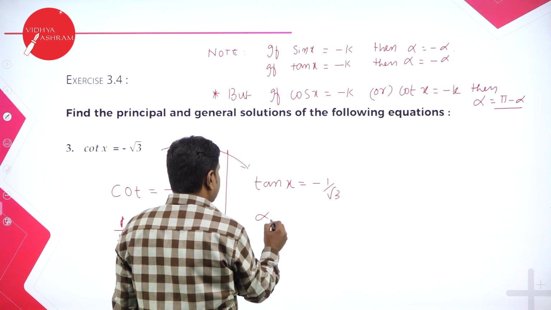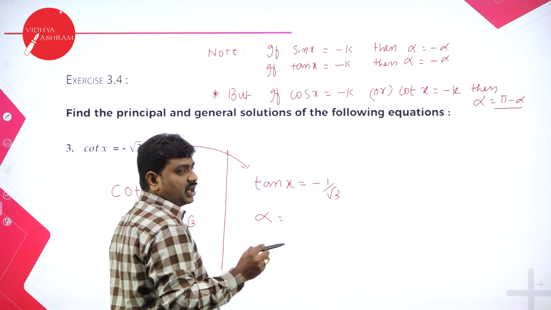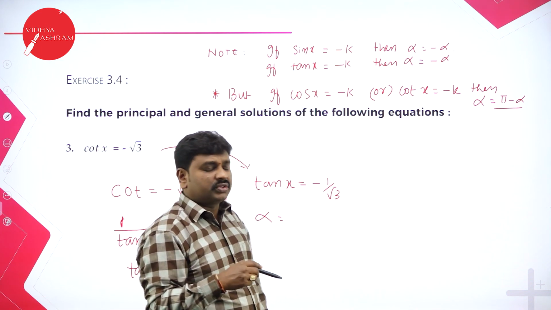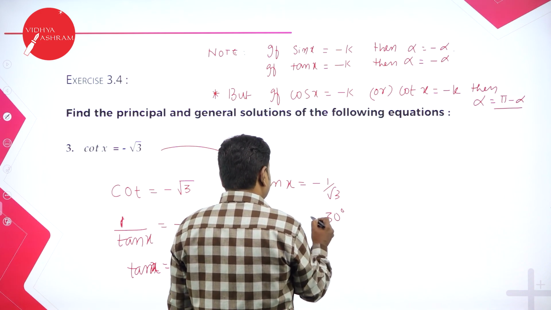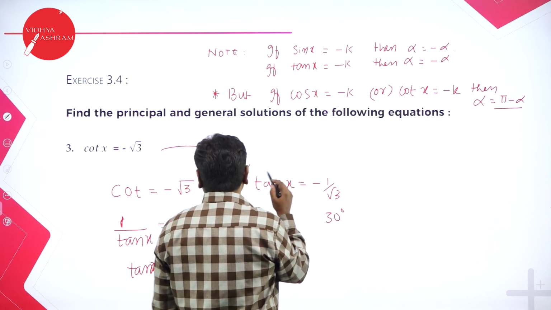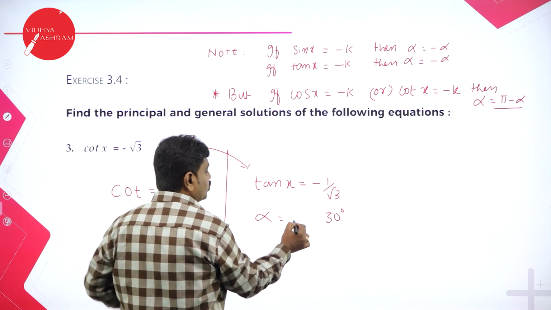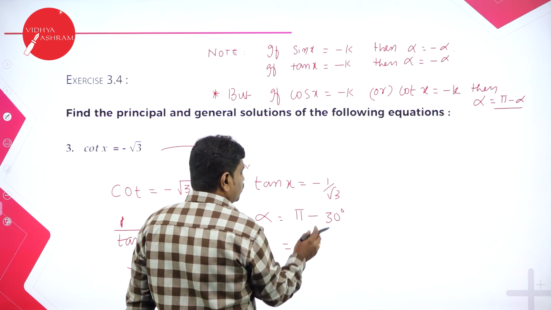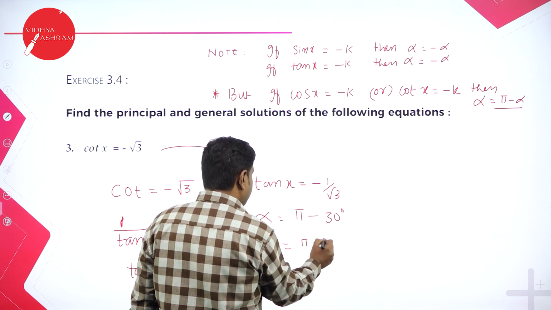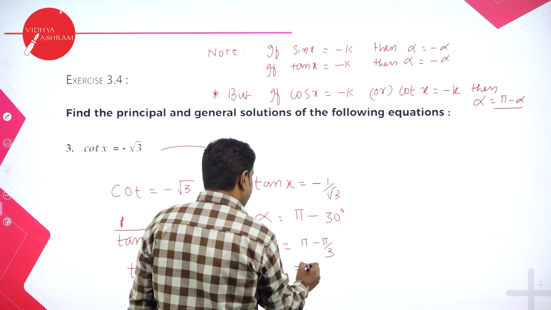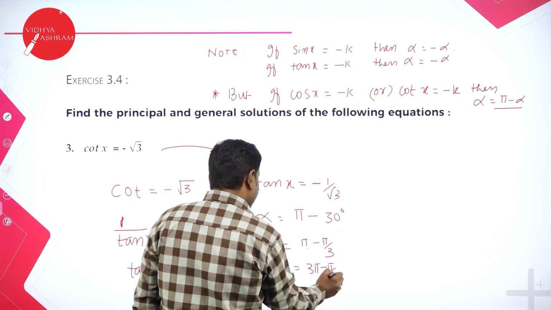Now alpha: in the tan table, you get 1 by root 3 at 30 degrees. Because the question is cot and it is negative, you should take pi minus 30. You should not take minus 30. So pi minus 30 means pi minus pi by 3.